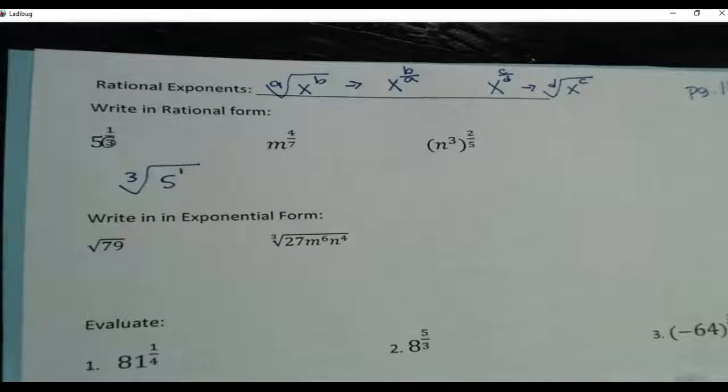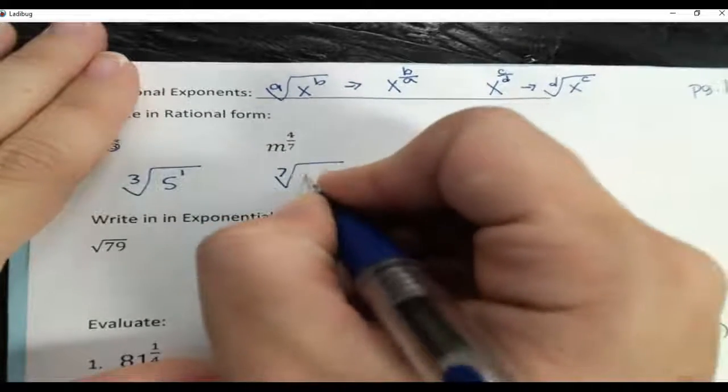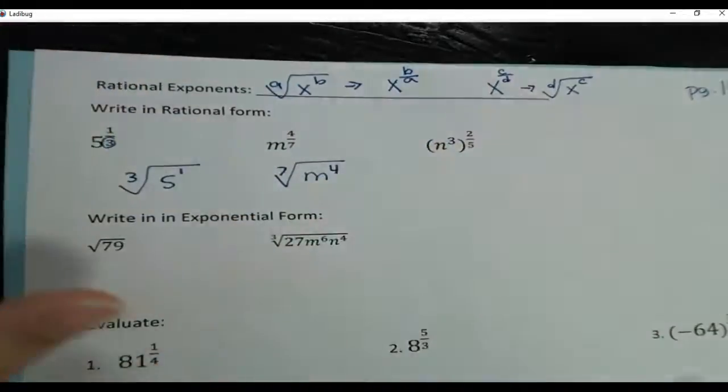So 1 stays where it is, 3 becomes the root. Then our next one, 4 is going to stay where it is, and the 7 becomes the root. So the 7th root of m to the 4th.